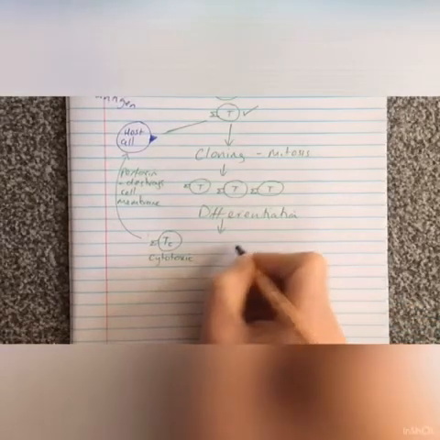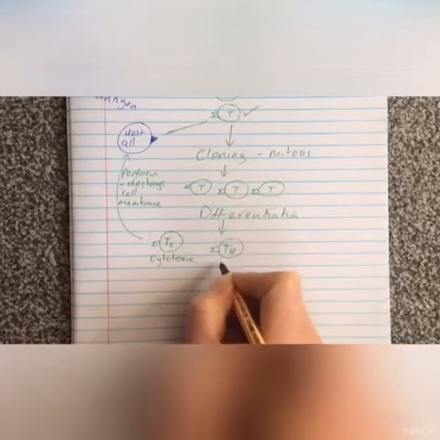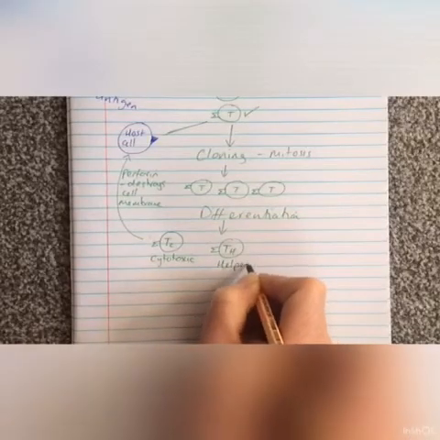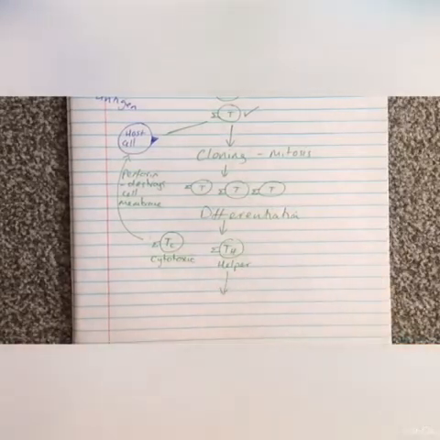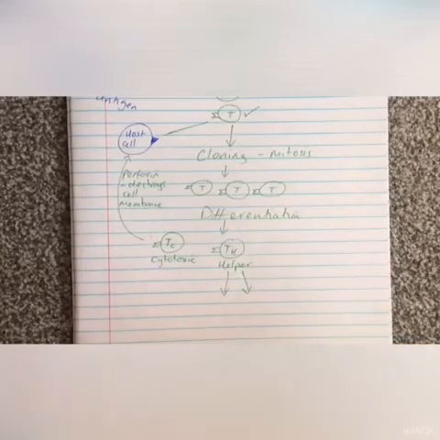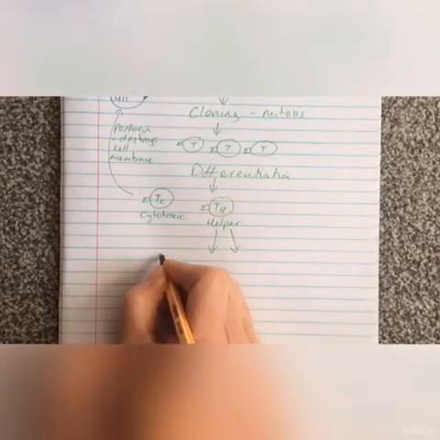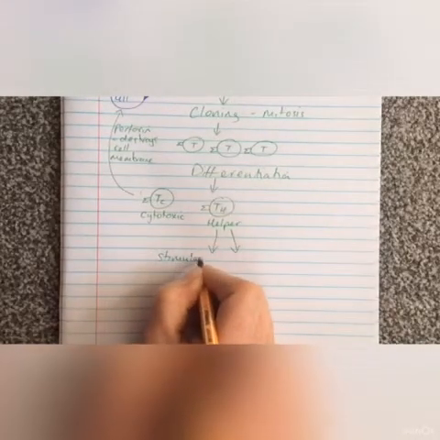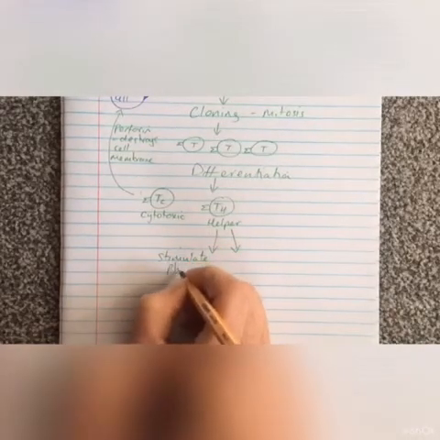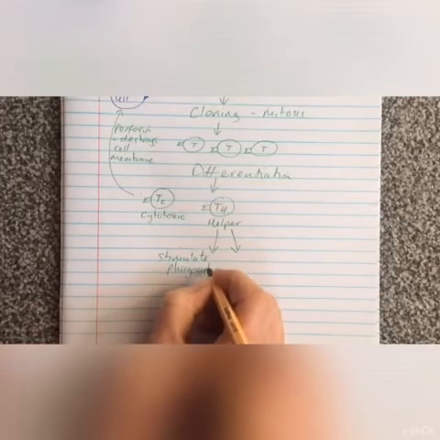Then you've got TH cells, and the H stands for helper. Those ones are super important in that they basically help other parts of the immune system. So some of them stimulate phagocytosis.